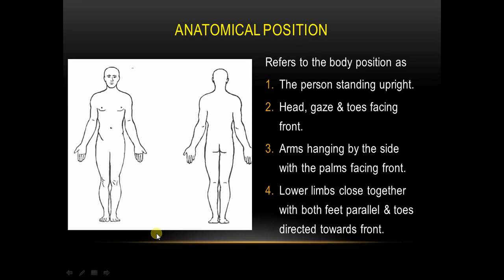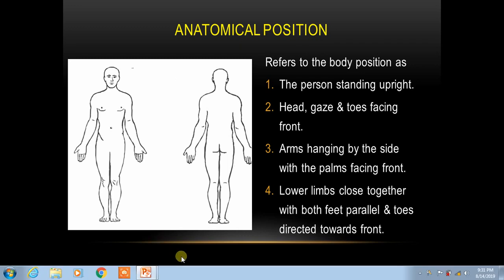A normal anatomical position is a person standing erect, upright, with head, gaze and toes facing the front, arms hanging by the side with the palms facing front, lower limbs close to each other, feet parallel and toes directed towards the front.